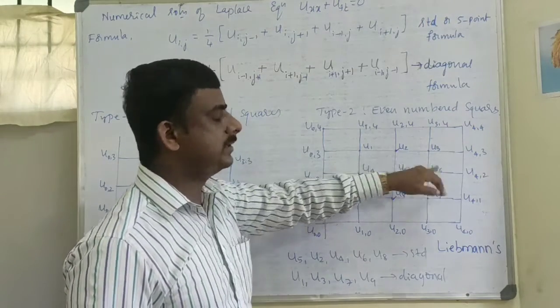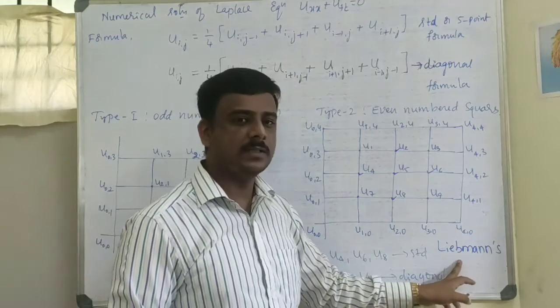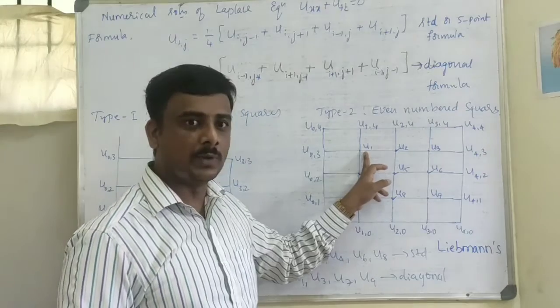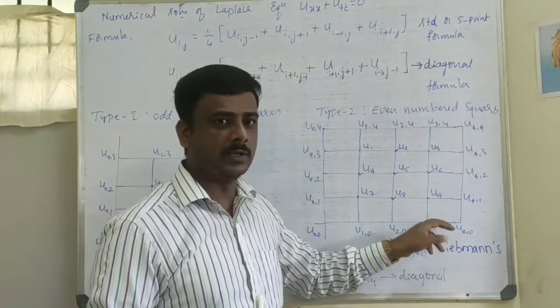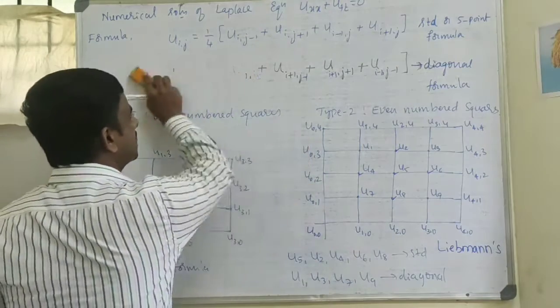Then find all these values again by applying only the standard formula. So again I have to find u1 using the standard formula, then u2, u3, u4 up to u9, only the standard formula. That is Liebmann's iteration process.